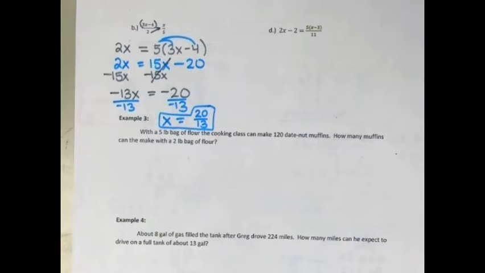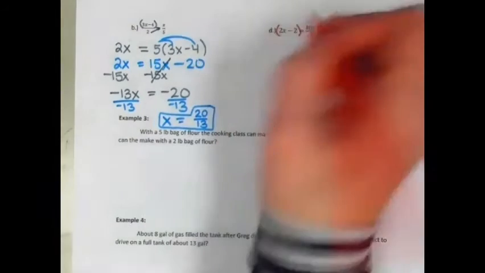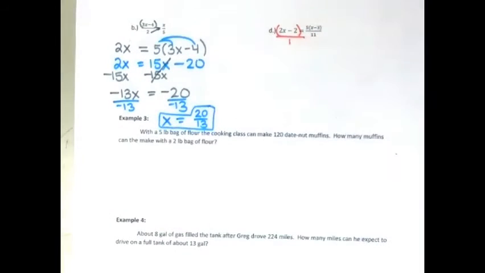All right, now looking at D here, what's different with D? This 2x minus 2, if I put it in parentheses, what is that all over? 1. And now, once I set it up as a proportion, can I go ahead and cross multiply? Yeah.